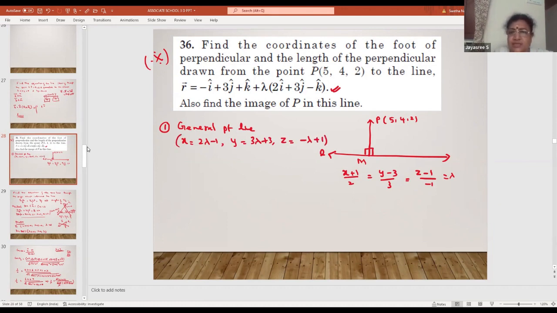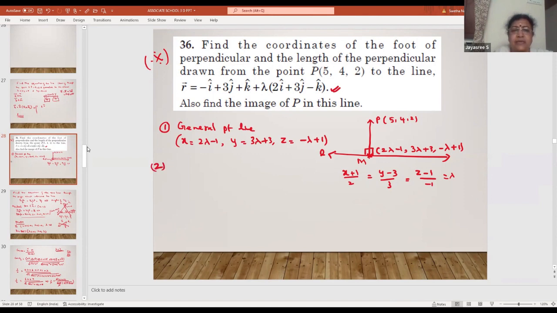So this is the general point. After writing the general point, I insist, I make it mandatory to write it here: 2 lambda minus 1, 3 lambda plus 3, minus lambda plus 1. To make them understand, of all the points on the line, M is also there. So the point M, we take it in terms of lambda.